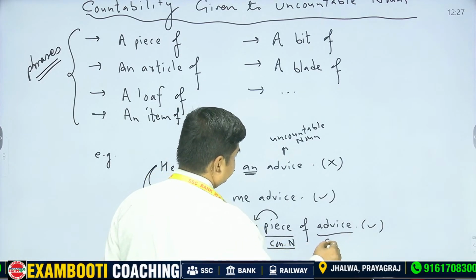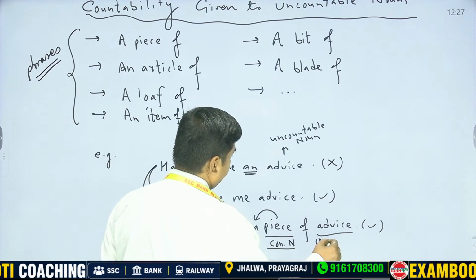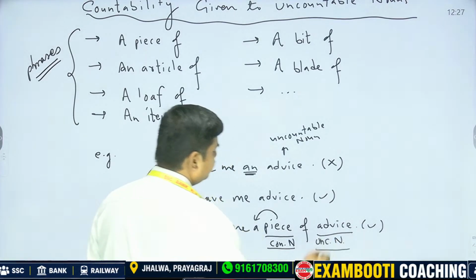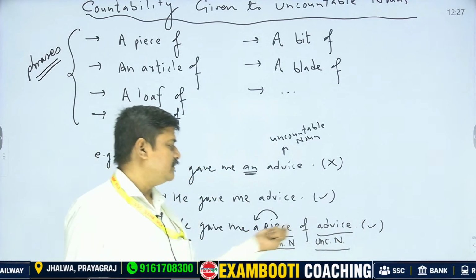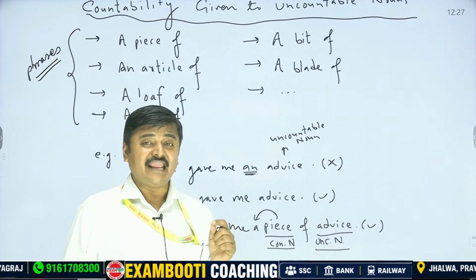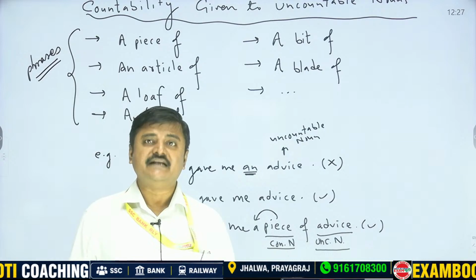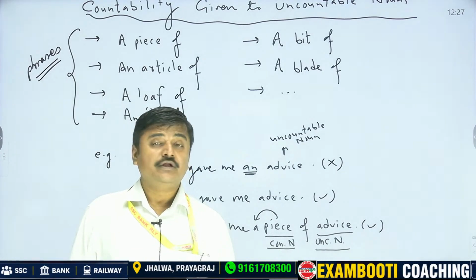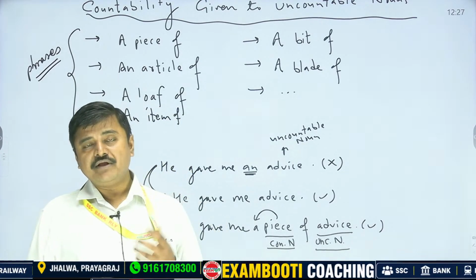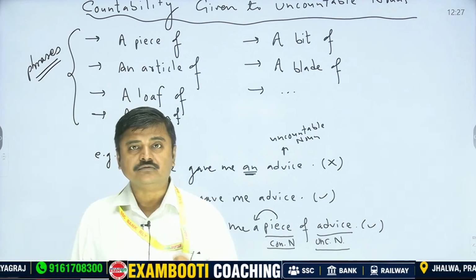Our advice is still the uncountable noun. There is no difference. But now in the sentence there is A, and that gives the sense of one in this sentence. So this is how we give countability to uncountable nouns.